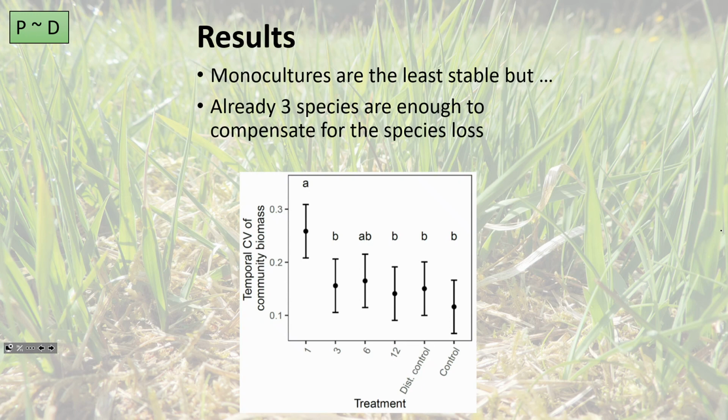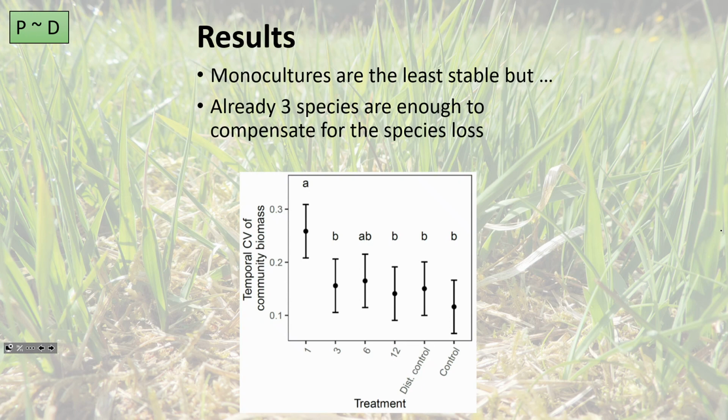Again, you have the same treatments here, monocultures, three-species plots, and controls on the right side. And what you see is that the coefficient of variation of community biomass in time is higher for monocultures, and then it's basically the same. So it seems that finally biodiversity matters for stability in real-world communities.